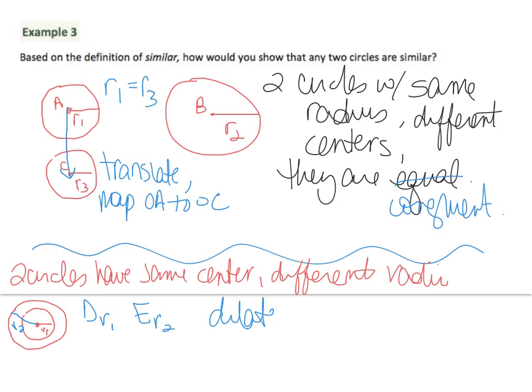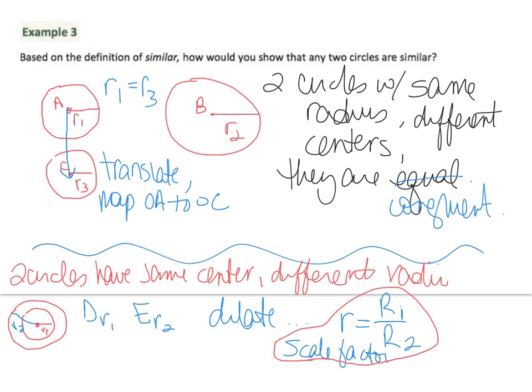I can dilate those two circles to make them equal. So they are similar. My scale factor, say I'm going from 1 to 2, this is really important, if I'm getting bigger, would actually be radius 2 divided by radius 1. And that would be my scale factor. That is an important notation to remember.